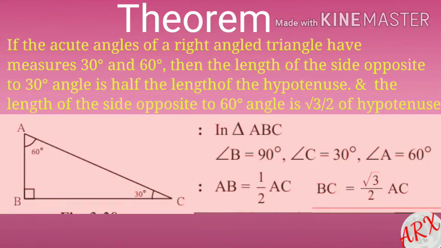For example, in triangle ABC, angle B equals 90 degrees, angle C equals 30 degrees, angle A equals 60 degrees. So by the theorem, side AB is the side opposite to the 30 degree angle and AC is the hypotenuse. Therefore, AB equals 1/2 of AC. Whereas BC is the side opposite to 60 degrees. Therefore, by the theorem, BC equals √3/2 of AC.